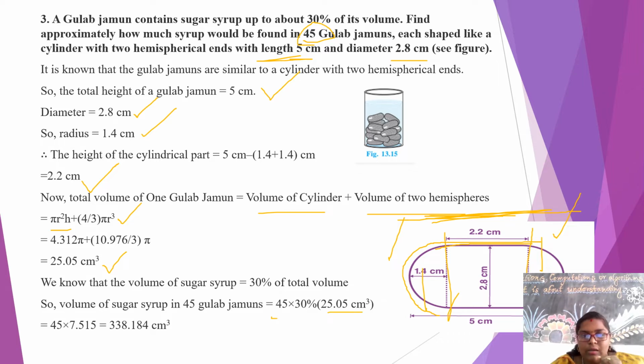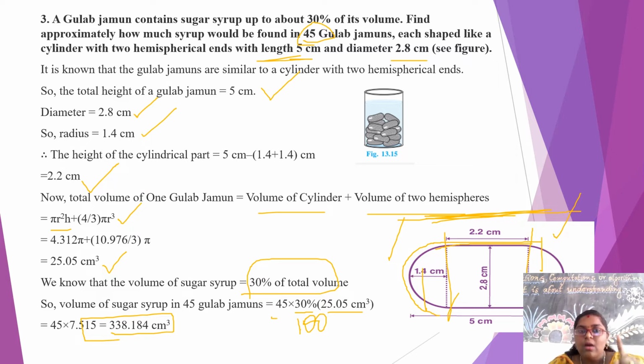And one more thing, the sugar syrup is 30% of the volume. So 30% means 30 by 100 we can write. After simplifying, we are getting 338.184 centimeter cube.